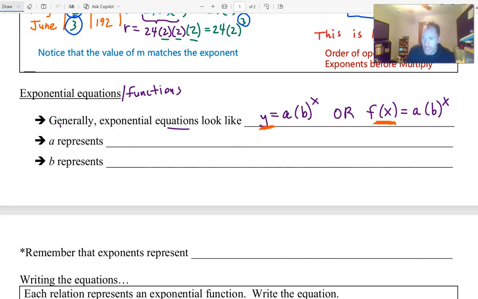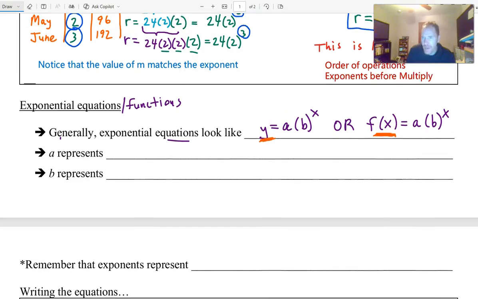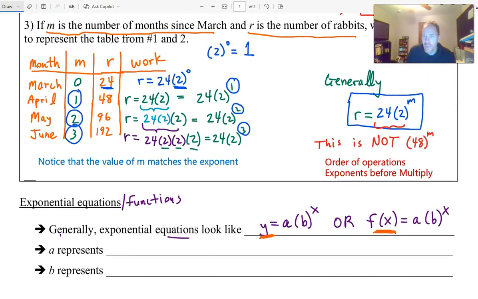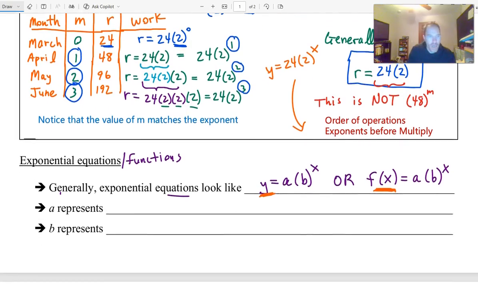We had R and M in number 3, but you could imagine if that was y equals 24 times 2 to the power of x. That kind of looks like that down there. So here's what the things in the equation represent. You might say A represents the initial value, the starting value, the starting amount.